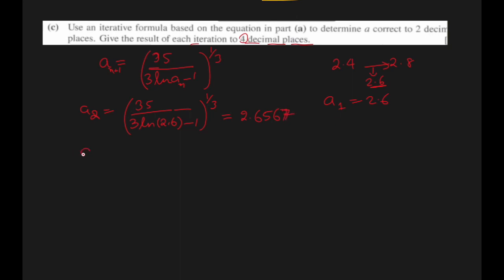Now a3, the next one, will be 35 over 3 ln, and a2 becomes 2.6567, minus 1, to the power 1/3. Now I'm fast forwarding this video so that you know the process.